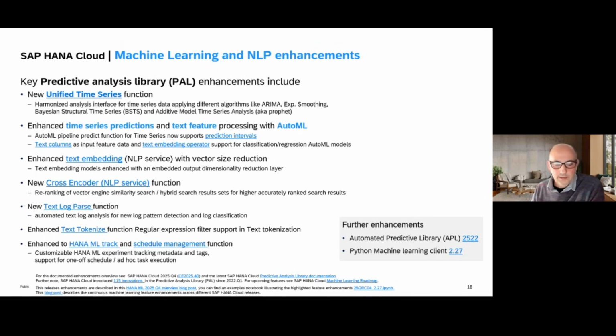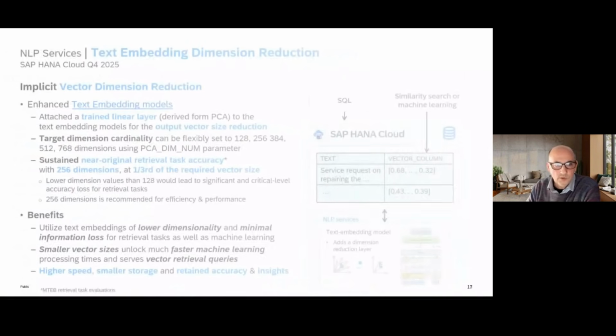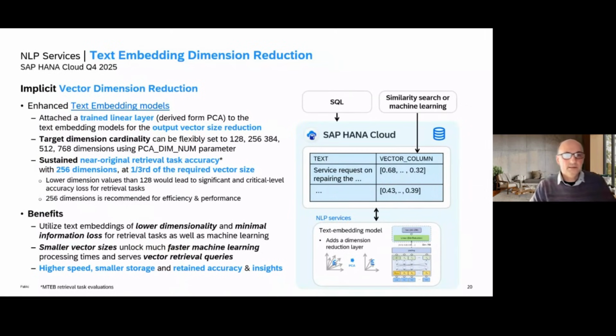And then the HANA experiment tracking and schedule management feature is also enhanced with one really nice capability, the experiment monitor, which allows you to specify custom tags and metadata with the experiments you have been executing. Secondly, the experiment monitor in the HANA ML client also adds a model monitoring and model drift capability. So let's explore some of these features in more detail.